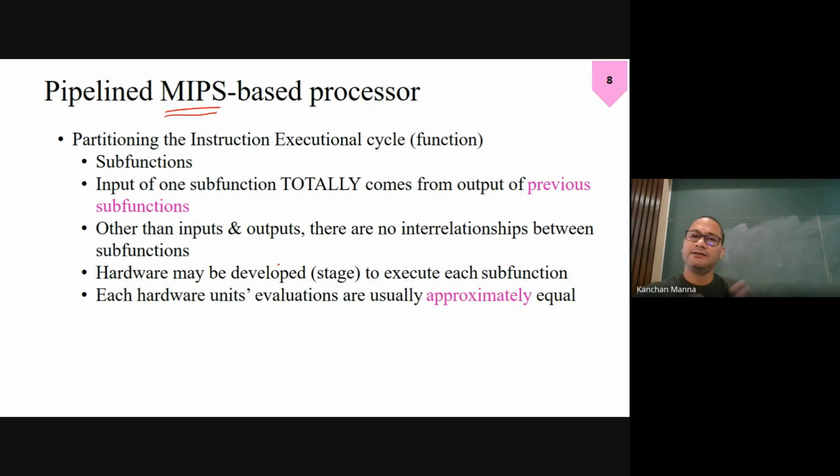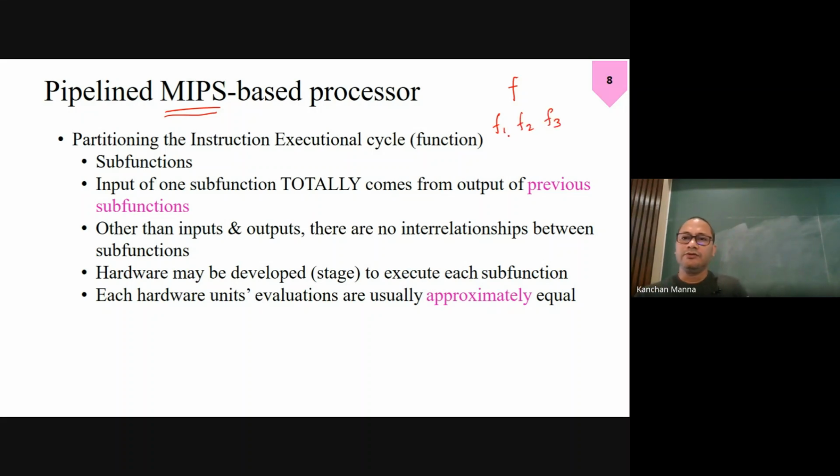You take any function, any C function or any mathematical function, and then we can split that function into smaller sub-functions to design this pipeline processor. So first, we have function f, and we can split it into different sub-functions.